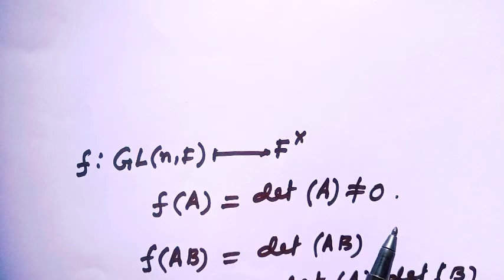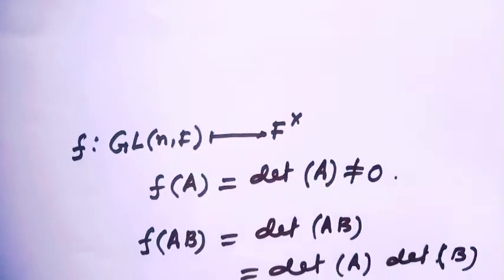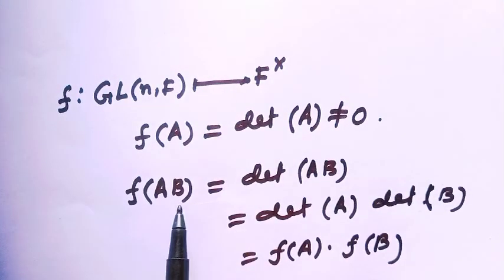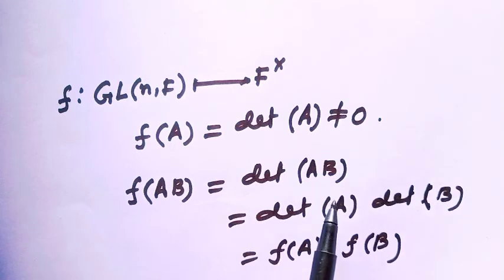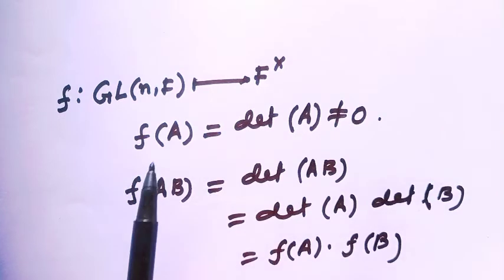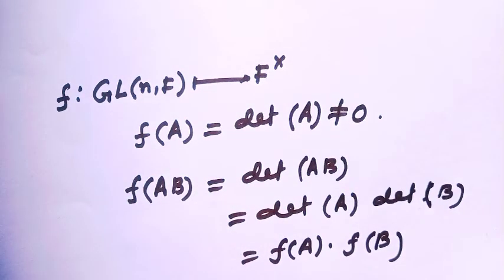Is it a homomorphism? Let's verify. f of AB equals determinant of AB, and by the property of determinant, this is always equal to determinant of A times determinant of B, which is equal to f of A times f of B. So this map is always a homomorphism.